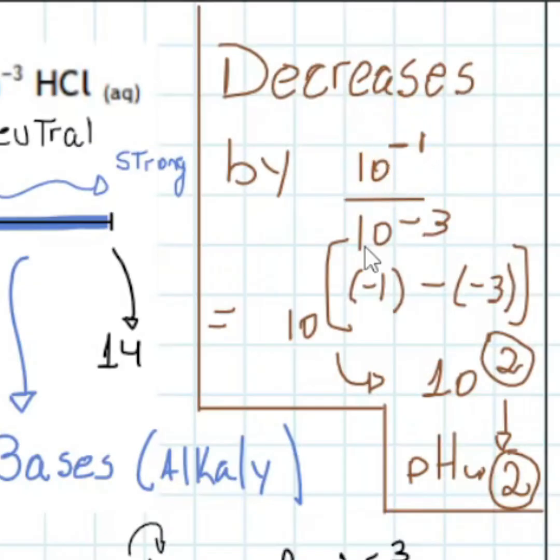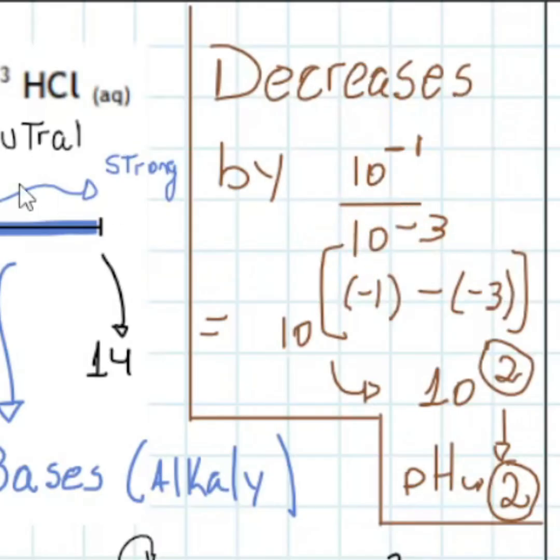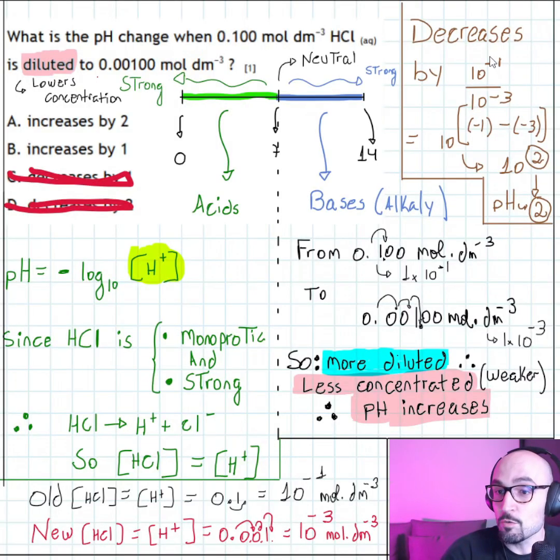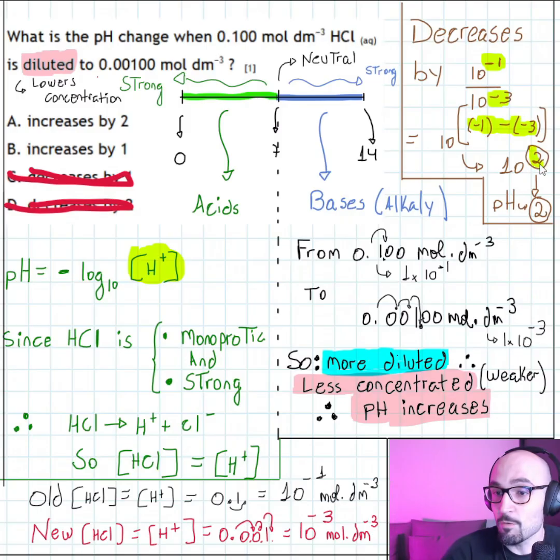So 10 to the negative 1 moles per liter, our old concentration, divided by 10 to the negative 3, which is our new one. If I am dividing two exponents, I'll have to subtract them. Negative 1 minus negative 3 is equal to positive 2. That is minus 1 plus 3. We diluted it by a factor of 100.